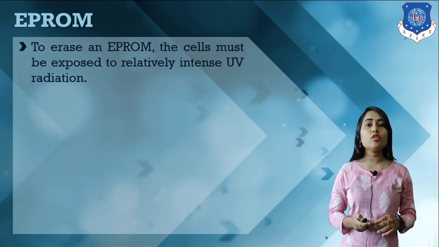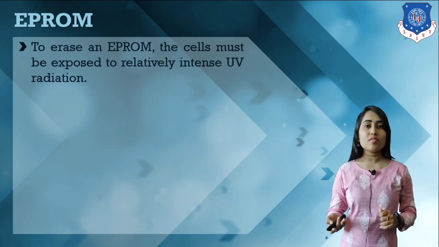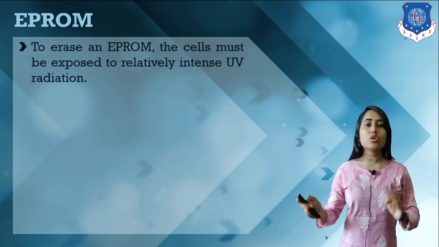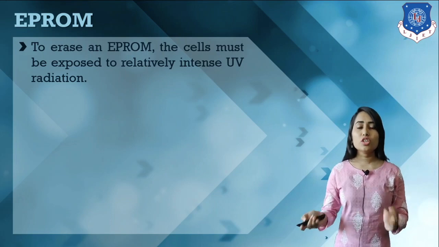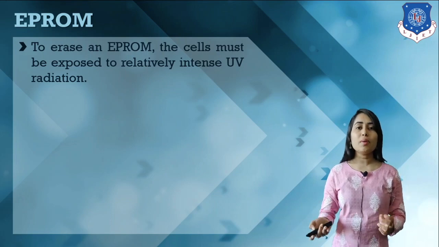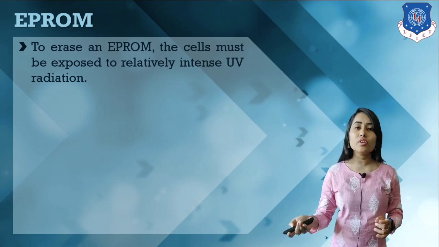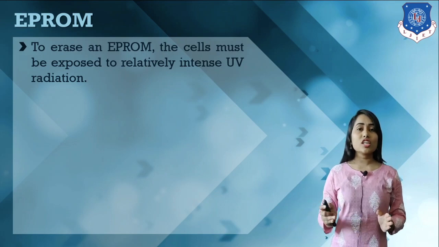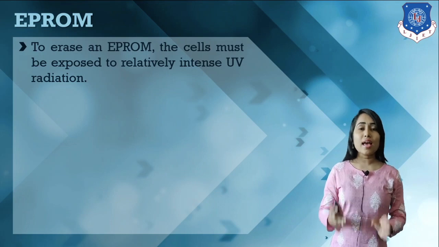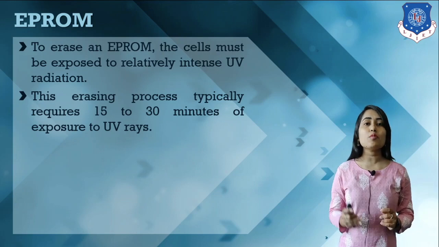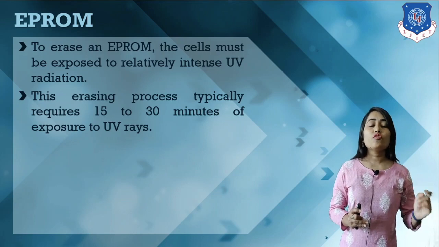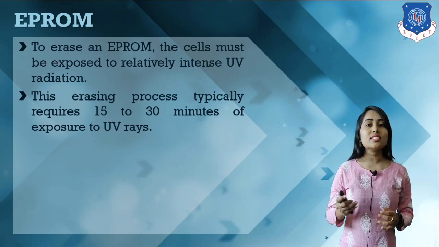In EPROM, to erase the data, we have to apply ultraviolet rays, or UV rays. If we apply UV radiation to this memory device, then all the connections and all the stored data are erased, and the erase time of this EPROM is basically 15 to 30 minutes depending on the size of data.